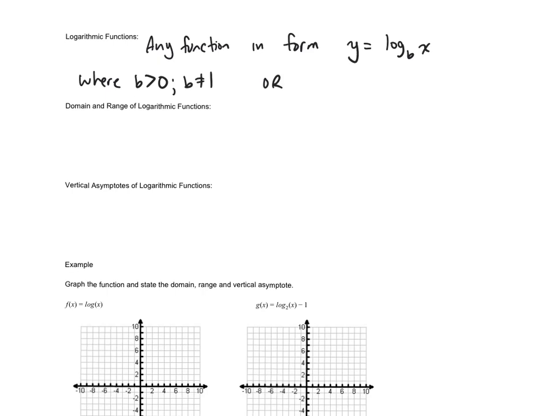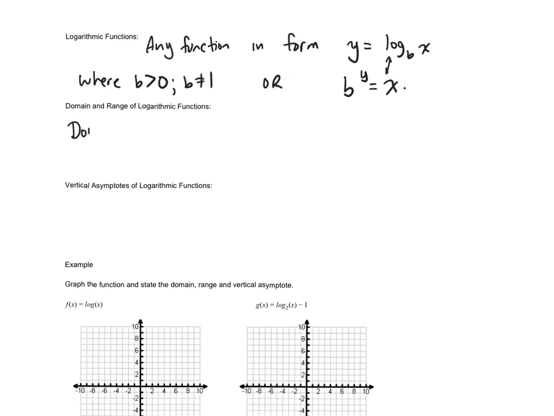Or if we use the thing we talked about before, this log and exponential form, y equals log base b of x is the same as saying b to the y equals x. So if I convert it to exponential form, it's the same thing. A log relation with the y by itself becomes the y of the exponential. And this is important because it's much easier to graph the second thing than the first thing.